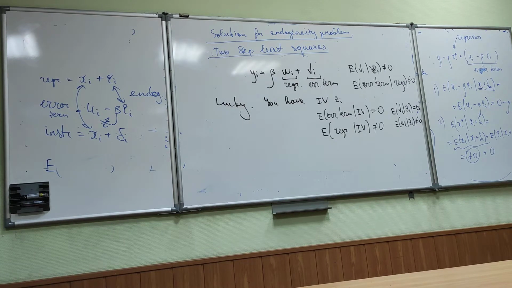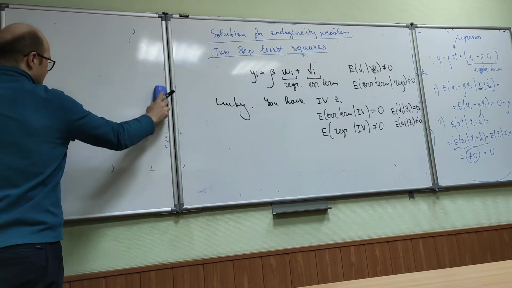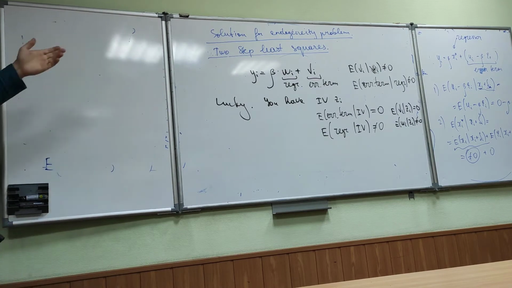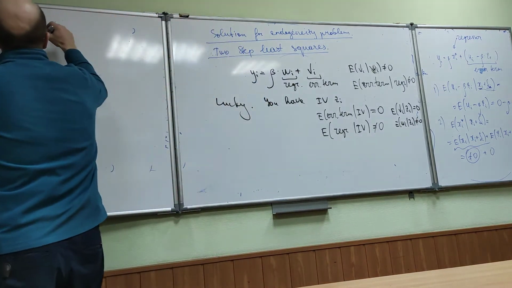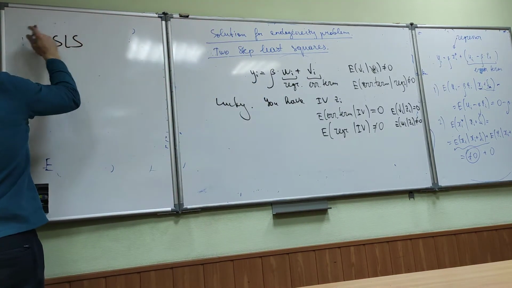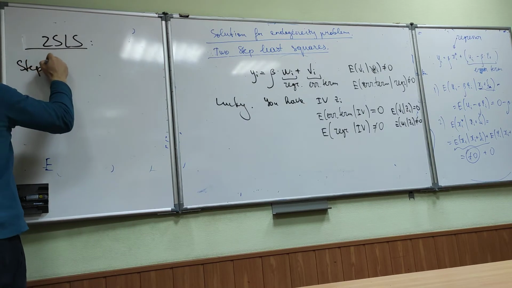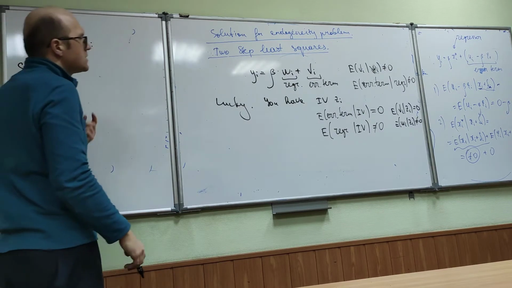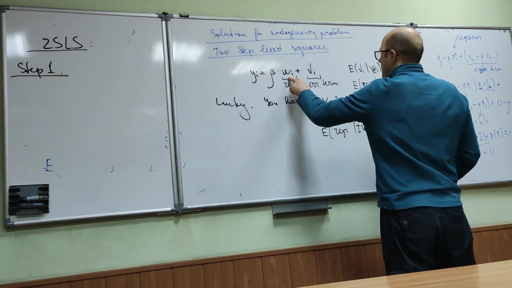Two-step least squares basically says: apply regression twice. In your data set you have three variables: y, w, and z.